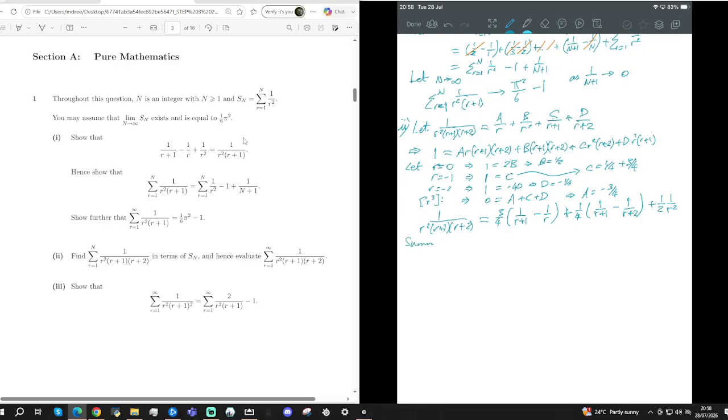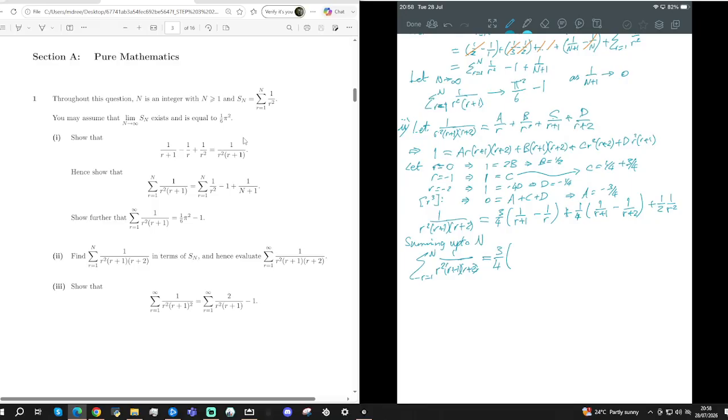So now we're actually wanting to work out the sum of this. So summing up to capital N, we've got the sum from 1 to n of this r squared and other stuff equals. Now let's try and be efficient about this. We've got 3/4 of.